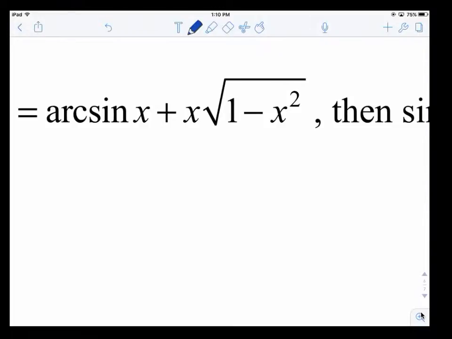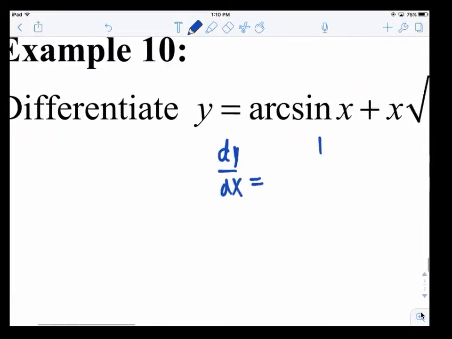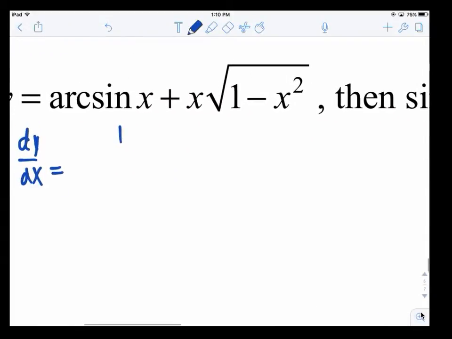Okay, so it says find the derivative of that and then simplify to a single term. The derivative of arc sine turns into 1 over the square root of 1 minus x squared, plus now what you have is x times the square root of 1 minus x squared. So you have to use the product rule.